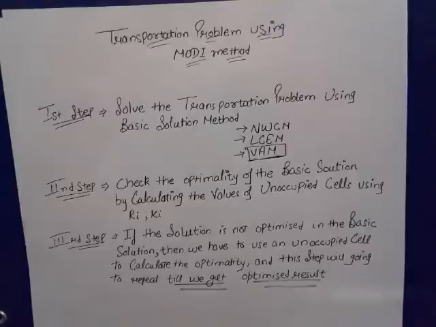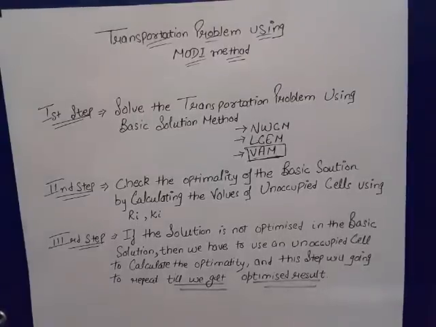Till now we have made the first table, from where we got a basic solution. After that we used the MODI method and calculated the optimality of the first table. In the first table we got a negative value, minus 16. We selected that and made the changes in this cell.